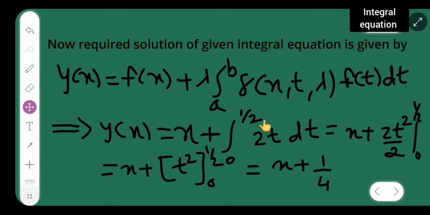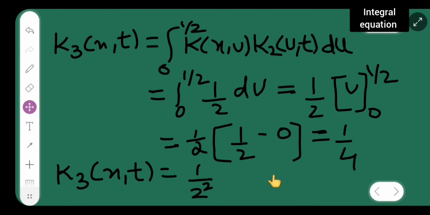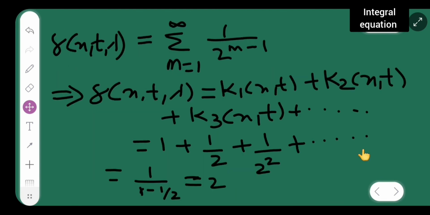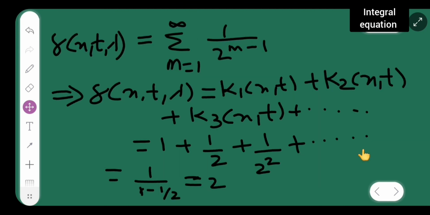Plus integral from 0 to half. What limits has been given? 0 and half, right? Then what is my gamma of x comma t comma lambda? This resolvent kernel x comma t comma lambda. Okay, so the resolvent kernel is 2.